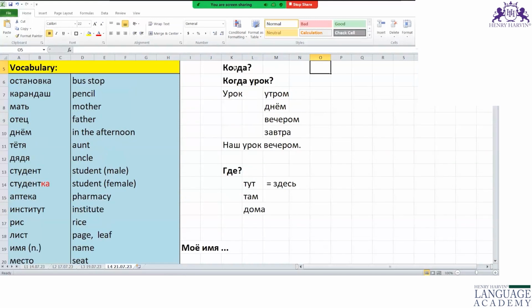So here we had когда, right? So we can also add to когда here. It also answers the question когда. Летом in summer, зимой in winter, and I will write 2 more. Весной in spring.